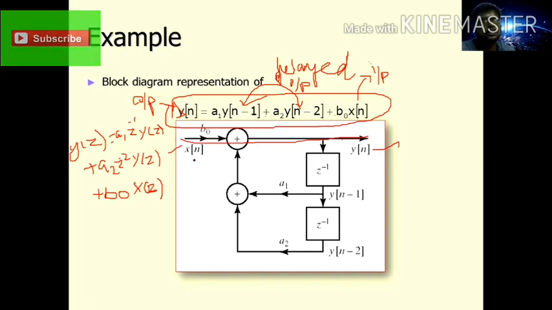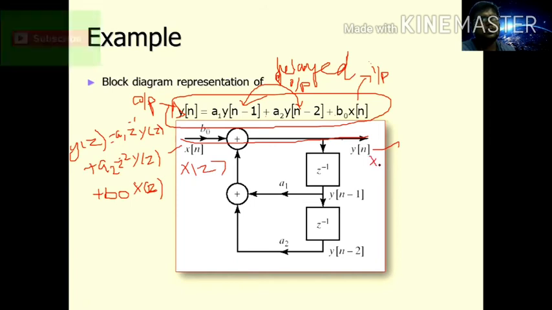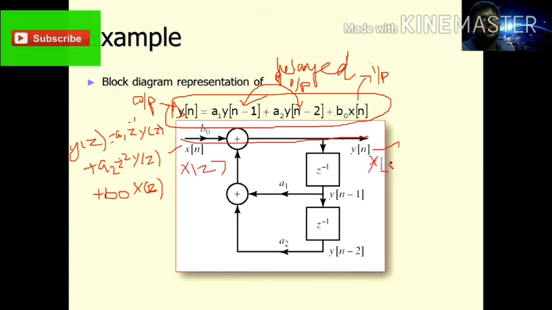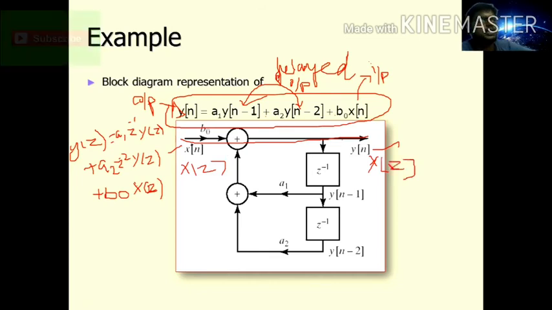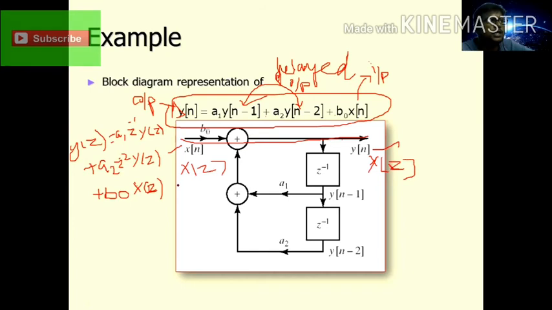You may put it out like this also. Use one more sketch pen and you put capital letter X of z, and you put here capital letter Y of z. I draw one single straight line now. So one portion I consider as X of z and another portion I consider as Y of z.